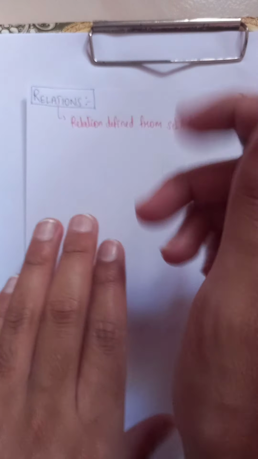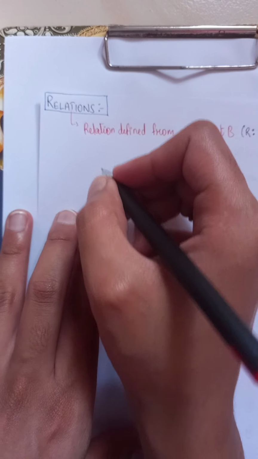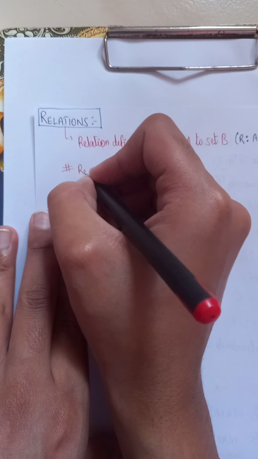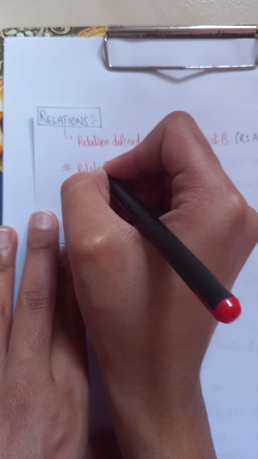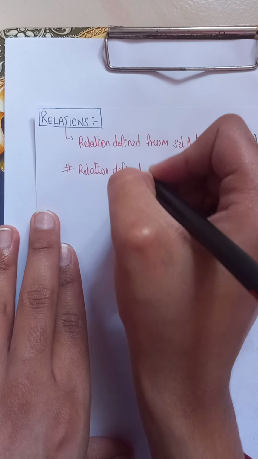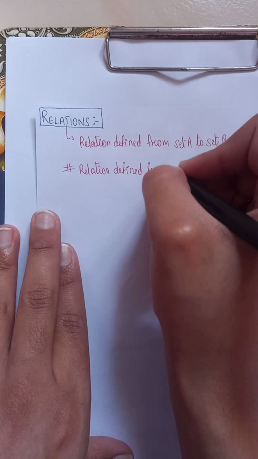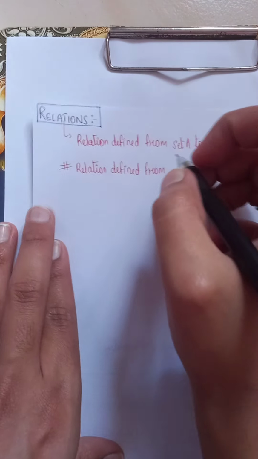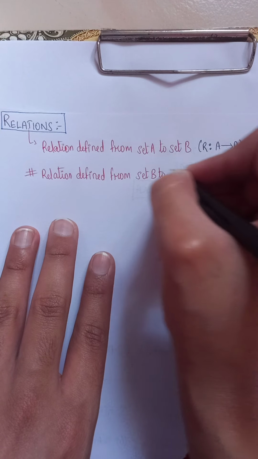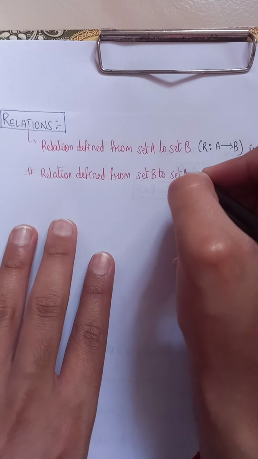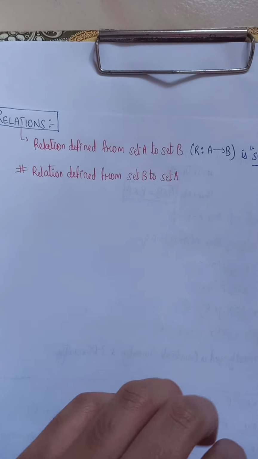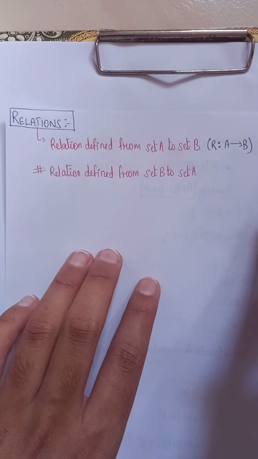Next point, a relation defined from set B to set A. Many people say you didn't tell the definition of relations.